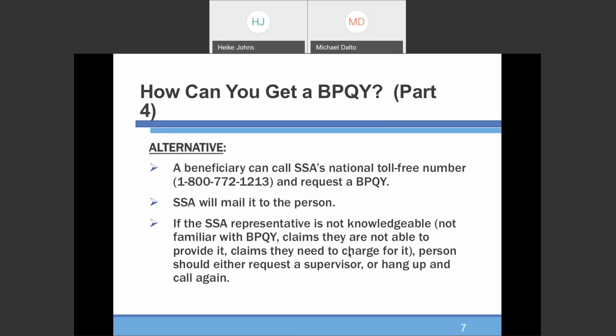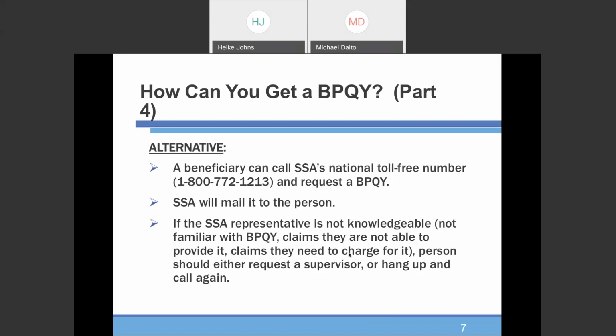There is an alternative, and in many instances, this can work more quickly than if you request the BPQY from Social Security. And the alternative is have the beneficiary, the person who receives benefits, make the request. They can do that by calling Social Security's national toll-free number, 1-800-772-1213, and requesting their BPQY.